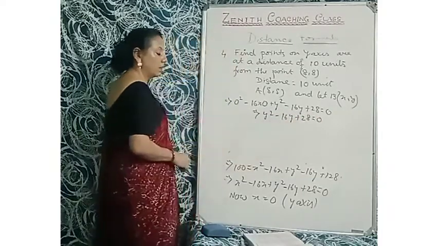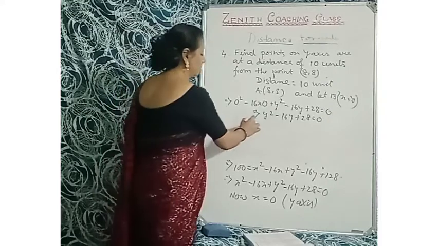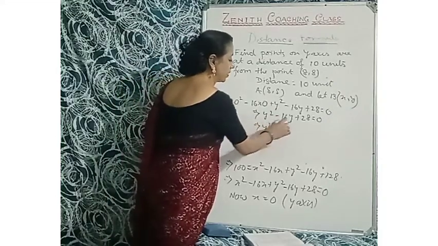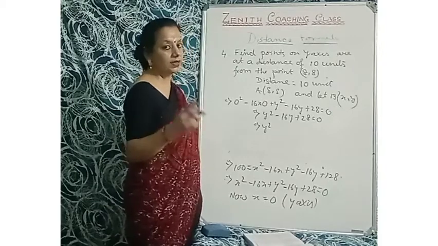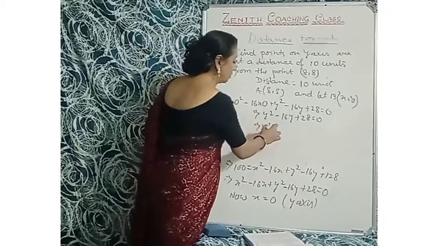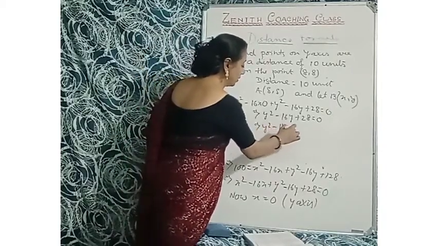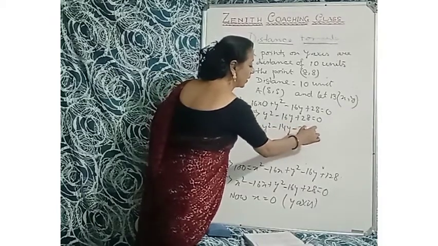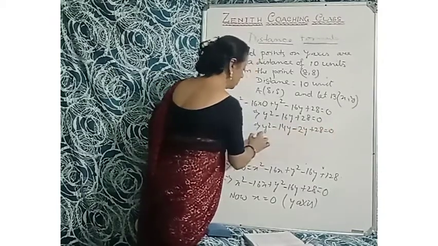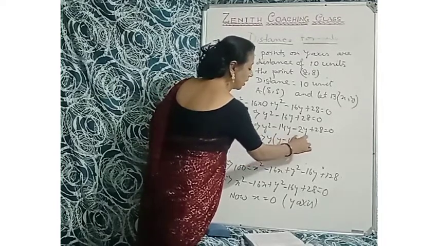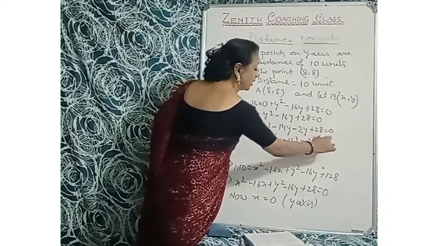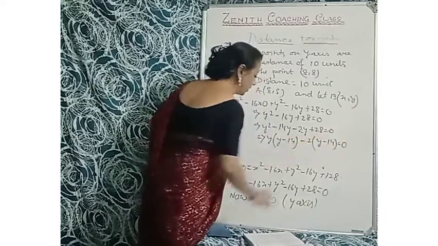You will solve it by the middle term factor. So 28 means 2 multiplied by 14, and 2 plus 14 is 16. So y square minus 14y minus 2y plus 28 equals to 0. So y is common: y minus 14. Now minus 2 is common: y minus 14 equals to 0, children.